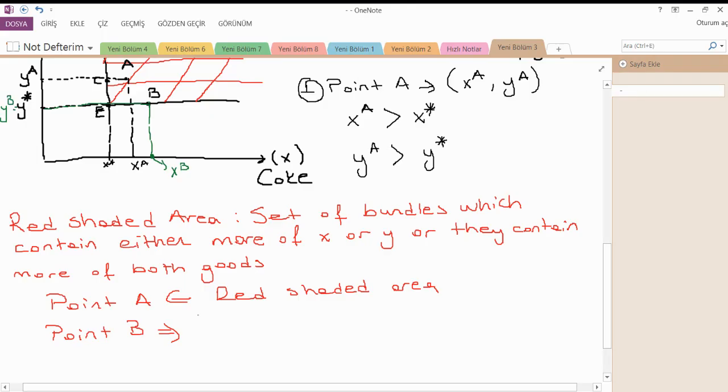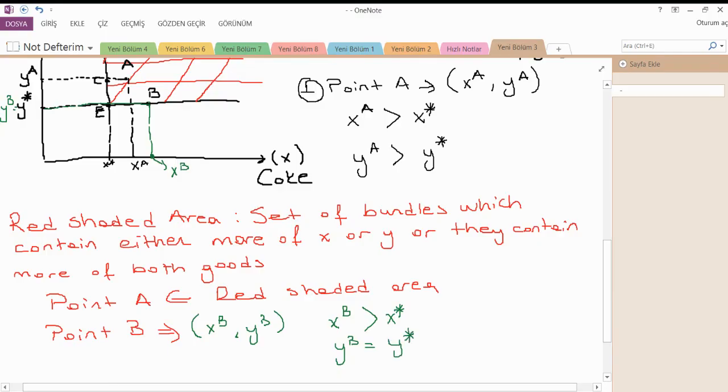So we can write point B as XB, YB. As you see, XB is greater than our X star, and YB is equal to our Y star.